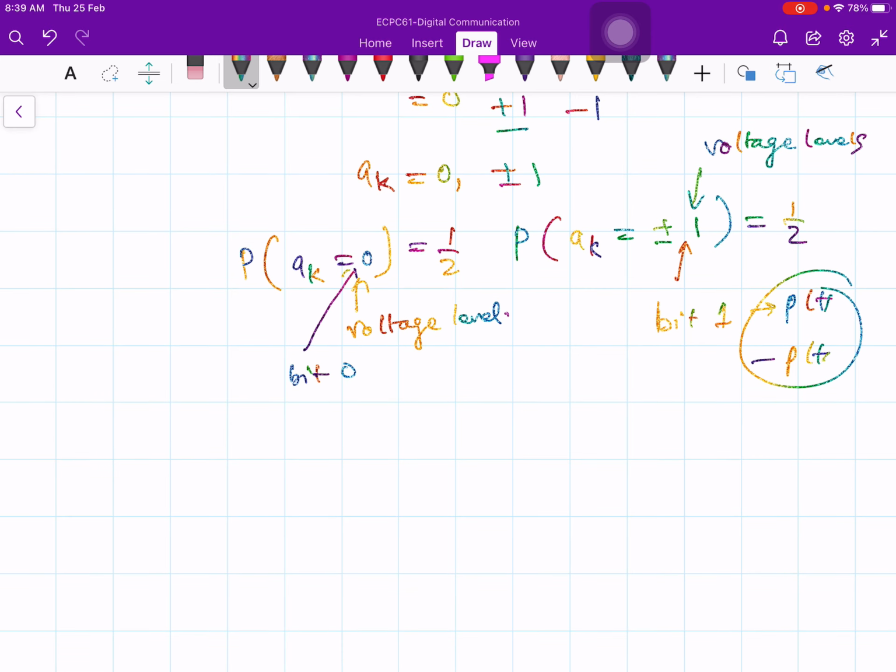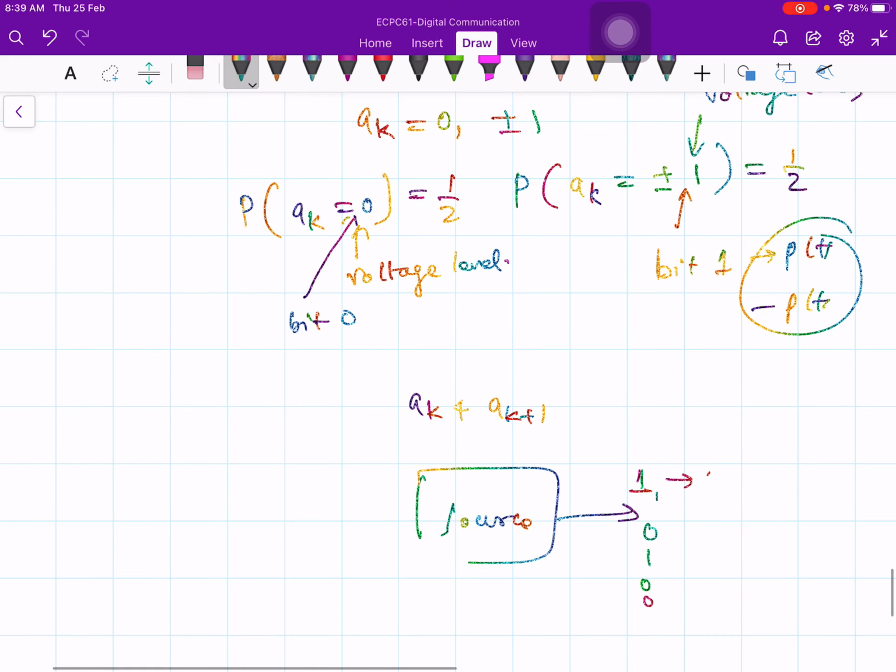Therefore, from the elementary knowledge of probability theory, assume AK and AK plus 1 symbols are emitted independently of each other. Your source emits data: first it emits 1, then the next symbol 0, and then 1 0 0 like this. Let's say this is my AK, and AK plus 1, AK plus 2, AK plus 3, AK plus 4.